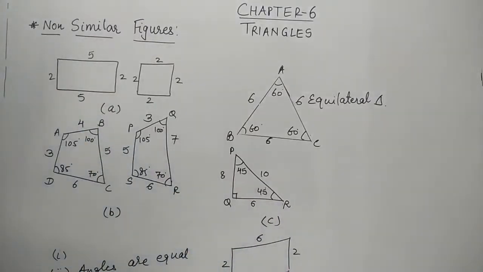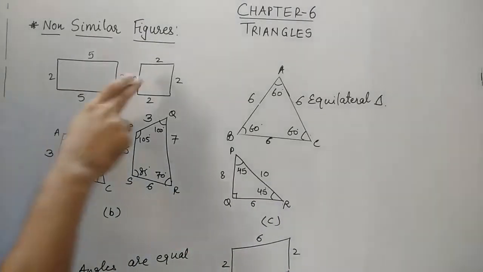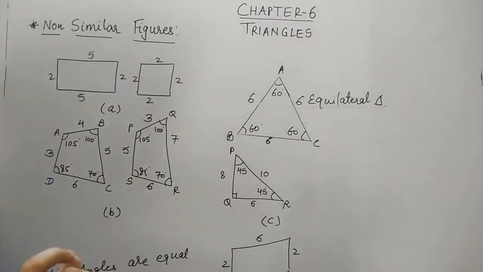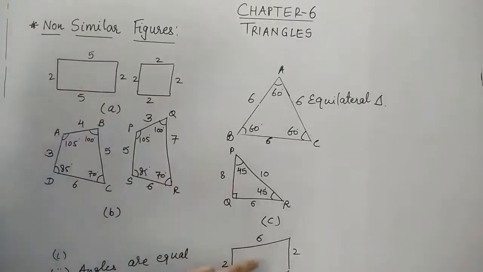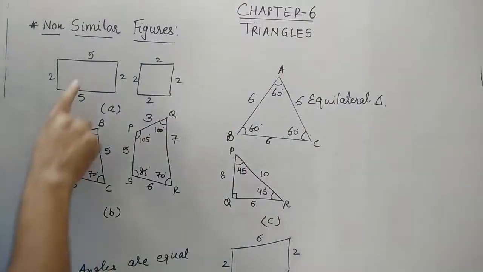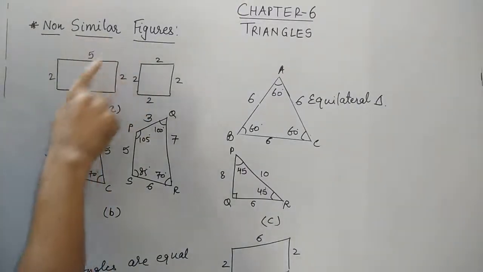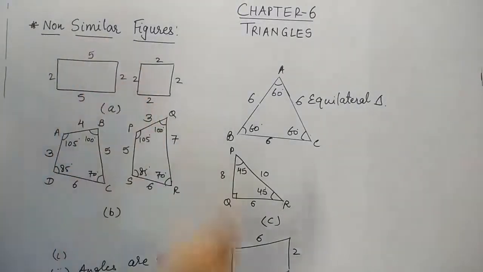But all squares are similar figures. They are examples of similar figures, but rectangles are not examples of similar figures. You should remember this. So we can give as non-similar figures a rectangle and a square, as well as two rectangles with different measurements. Remember this.